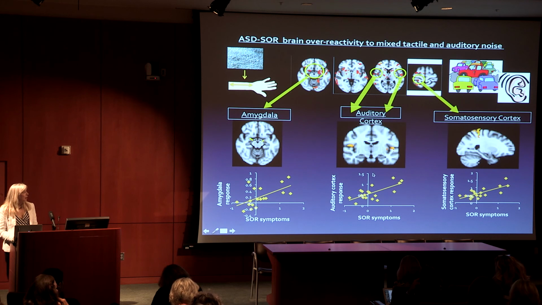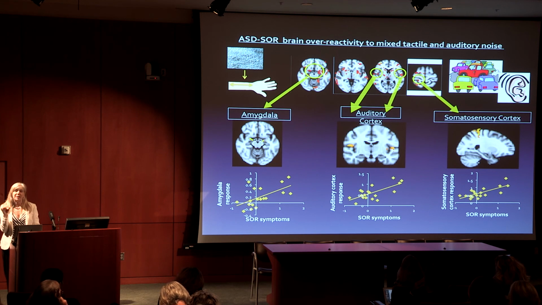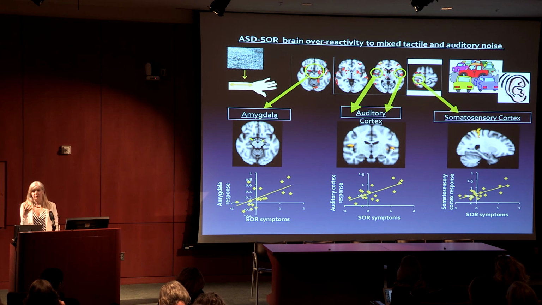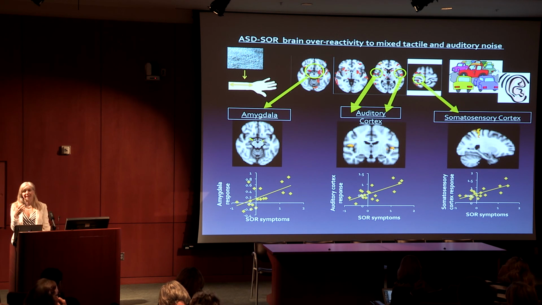And that activity correlated with severity of SOR symptoms, even within the autism sample. So what this tells us is that variations in the degree of sensory overresponsiveness that we see in kids with autism is associated with a hyperactive response in the brain in these sensory areas, and in the emotional areas it's probably as a result of essentially being out of control of all of the sensory information.